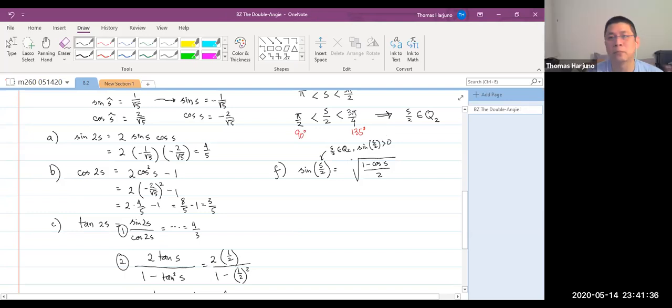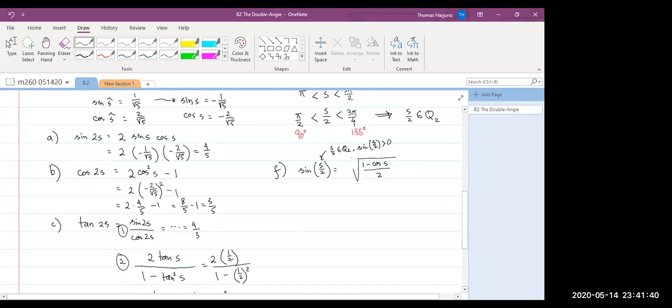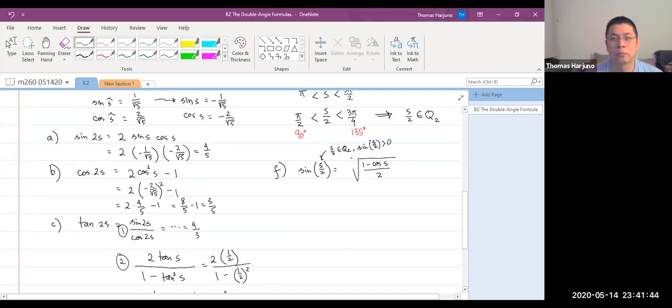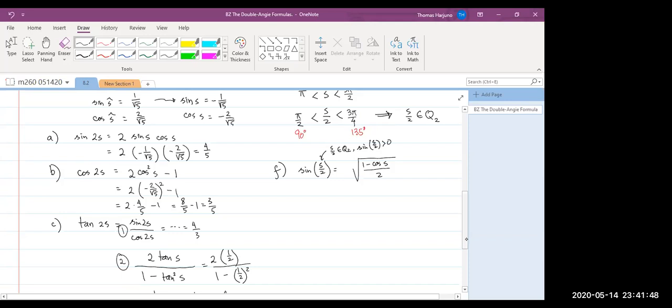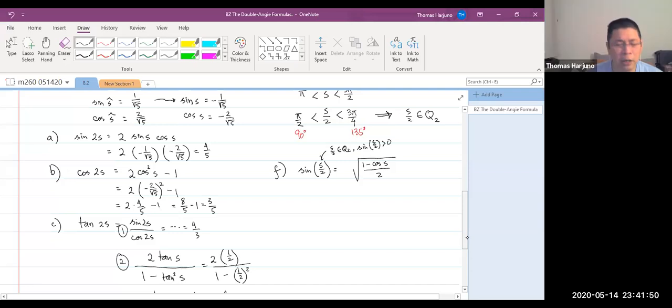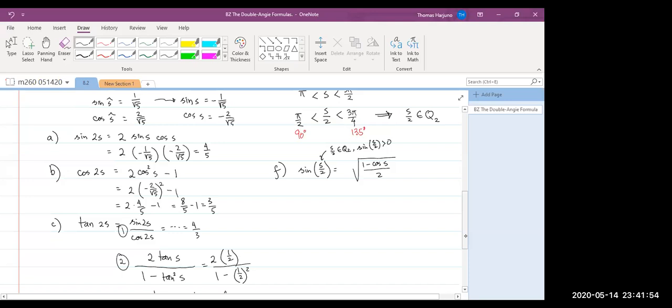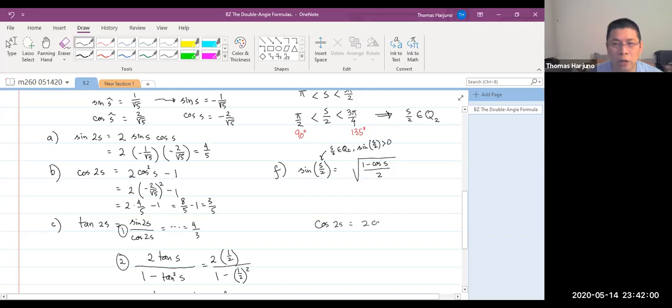I have a question, please. The formula for cos 2s is 1 minus 2 cos square s? No, put 2 cos square s minus 1.